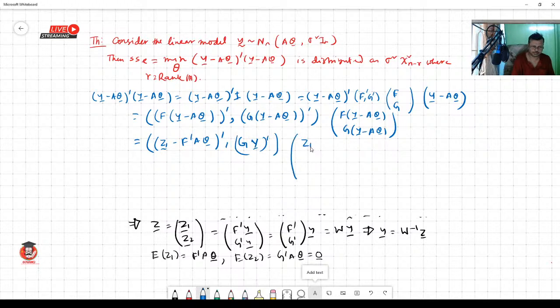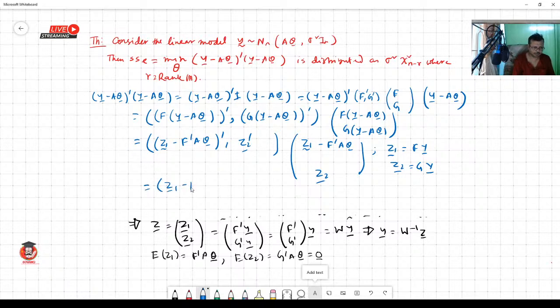Similarly, this is z1 minus A prime Aθ̃, and z1 is equal to f y, and if you denote g y by z2, I replace this, z2 prime.